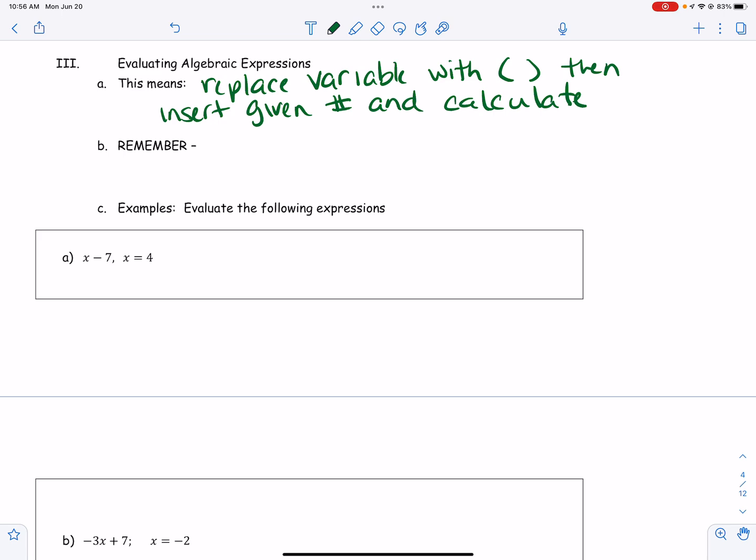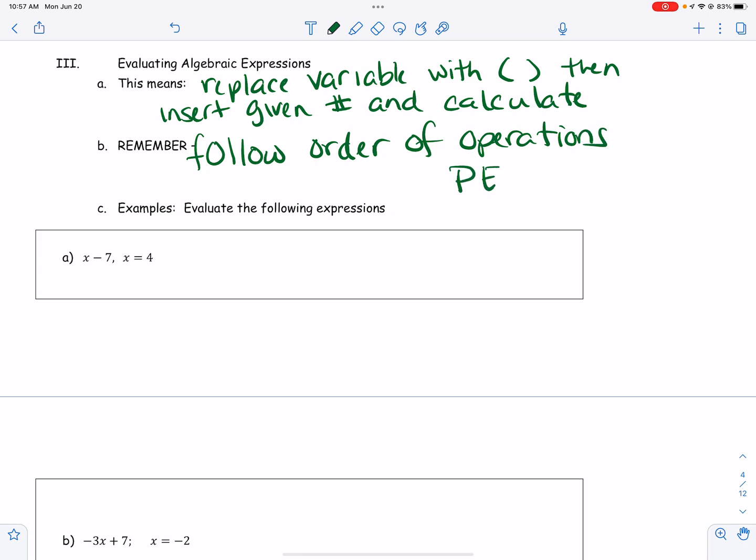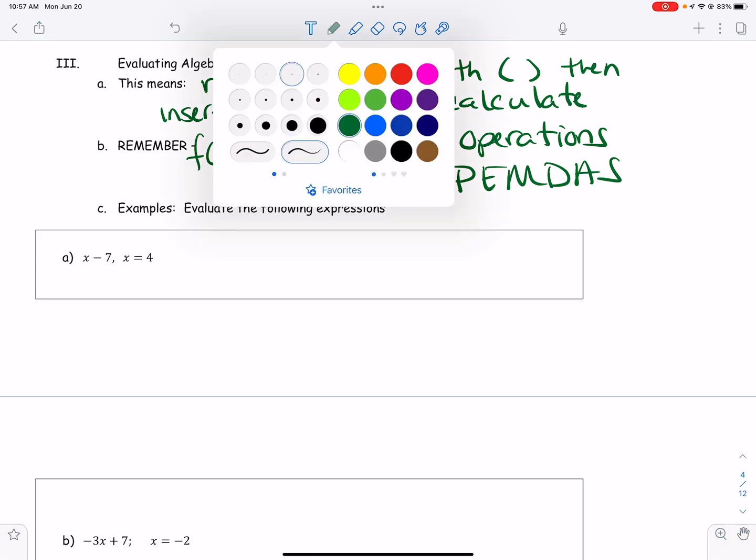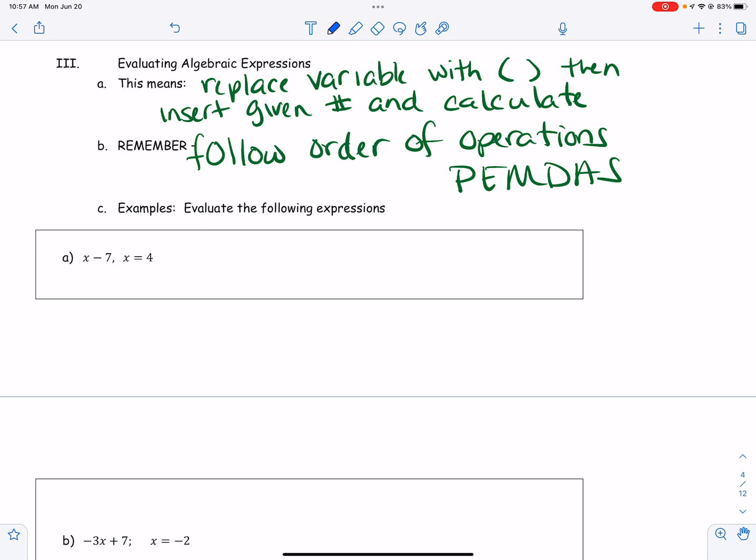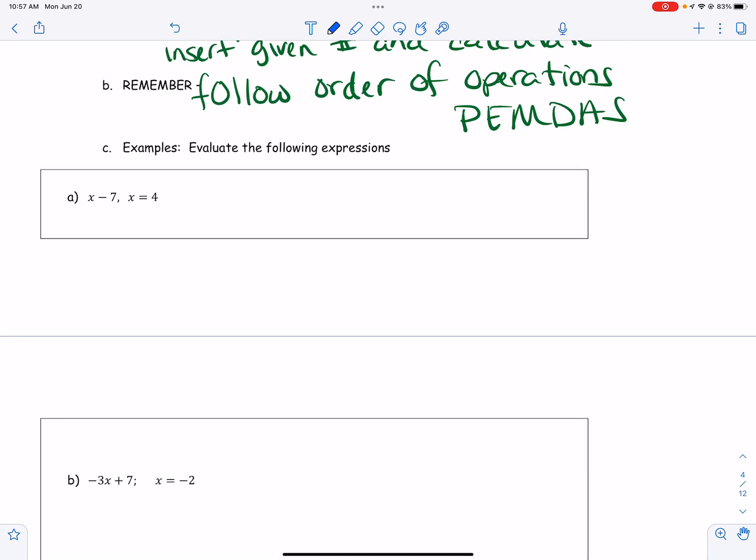And you need to remember always to follow your order of operations. Okay, and that's your Please Excuse My Dear Aunt Sally. What I recommend for these next problems, if you have different colors, that would be helpful. You're going to rewrite x minus 7.